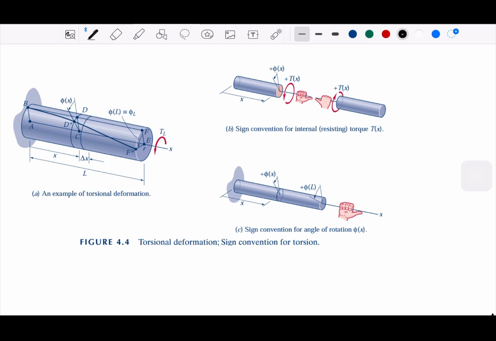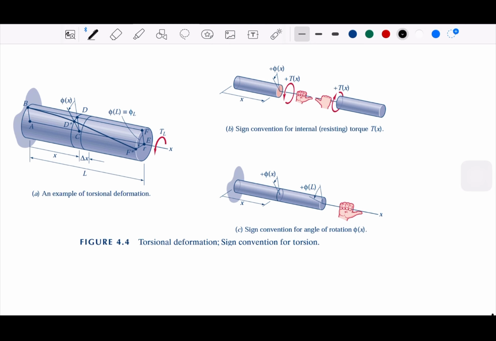We look here at the end, where D changes to D asterisk. This is when x is L. So we say this is the final angle at this point here, the phi L. Now, to make the convention or the sign, you can use your right hand, to give you an idea how this is going to connect.